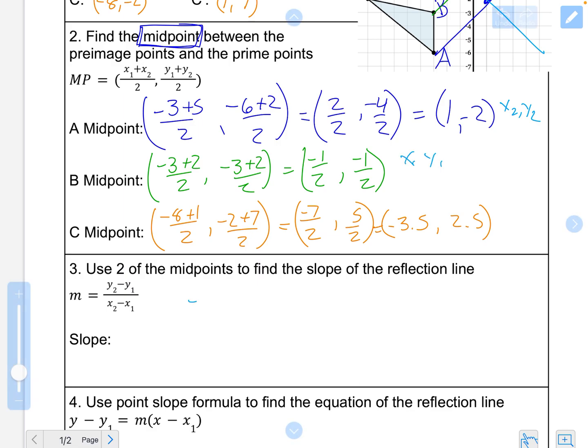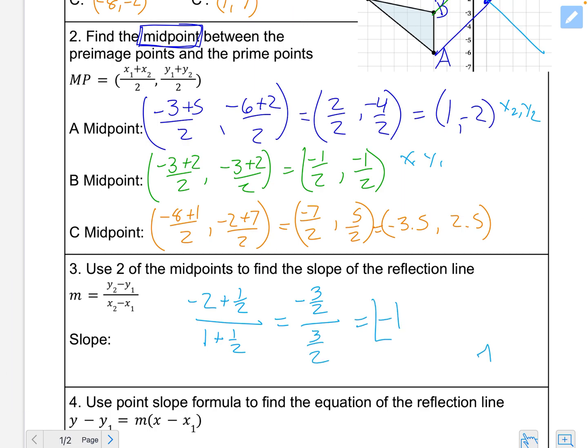So we're going to go -2 minus a negative, so it's going to become +1/2, over my x2, which is 1 minus a negative, and then it becomes positive. So I should have -3 over 2 over +3 over 2, because it's the same thing on top and bottom. My slope is going to be -1.